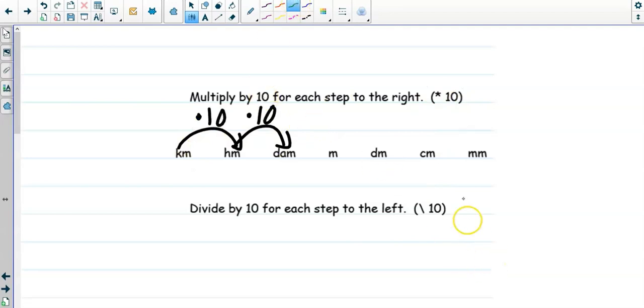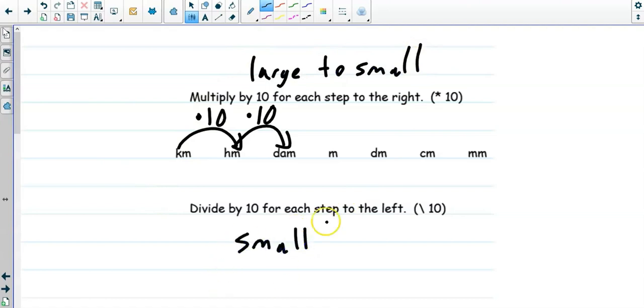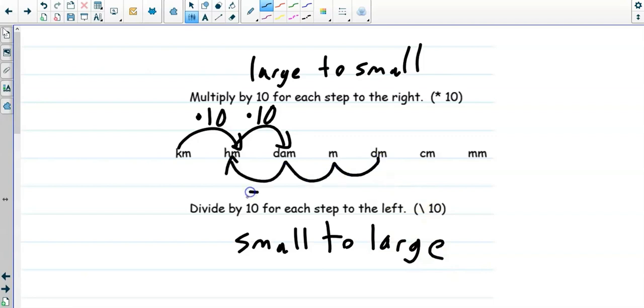If you want to move from small to large, again, it's all about how many jumps, and each jump represents a division by 10. And all these M's that we talked about that are right here can be changed to grams or liters.